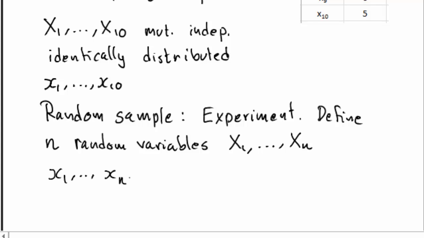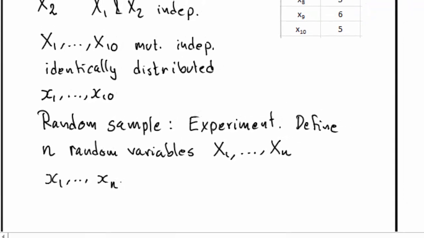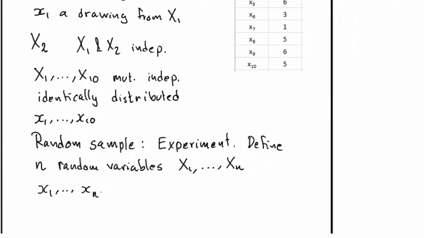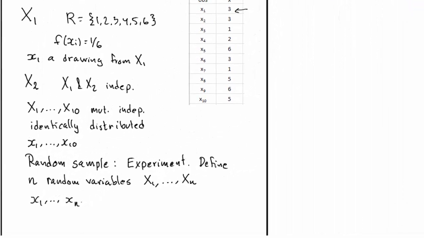Well, if I like to know more about these random variables, then it's quite clear that I have to make additional assumptions. I cannot really draw any kind of conclusions about n random variables if all I have is one observation from each of them.